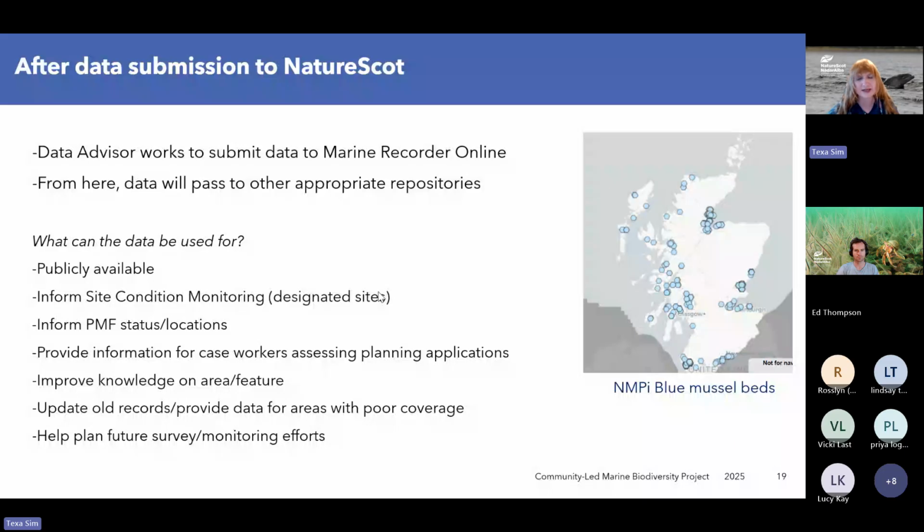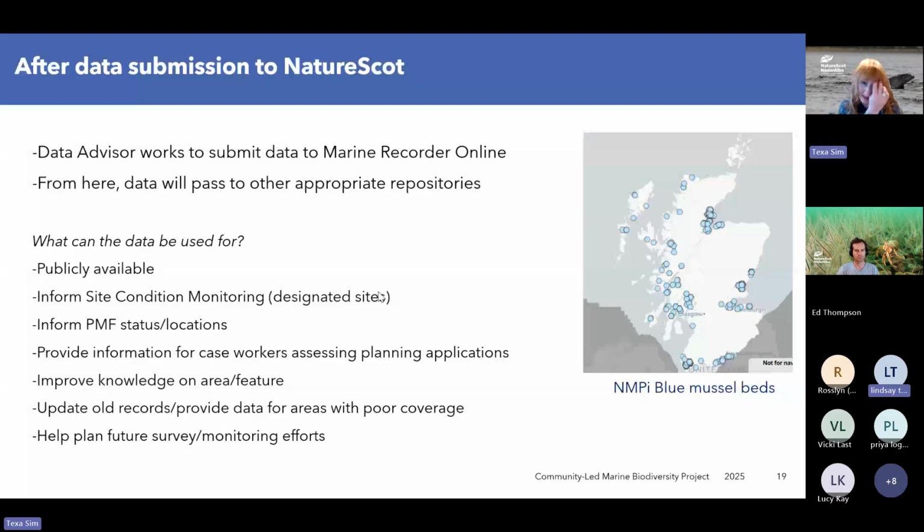The data can also update anything that's old and provide new data for poor coverage sites. And ultimately it can help plan future survey and monitoring efforts, whether that's through more group surveys, or NatureScot coming in with the monitoring team to have a look at something that has been flagged. So it's really quite a varied outlook on how the data can be used.